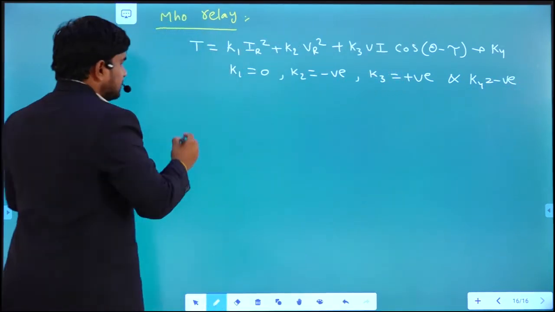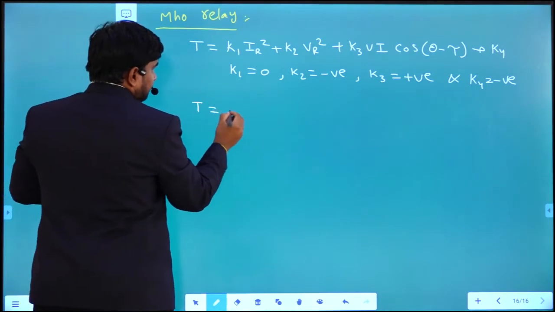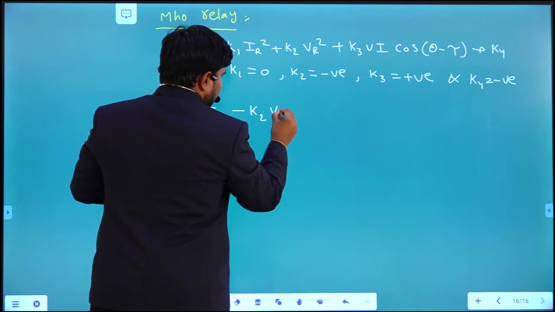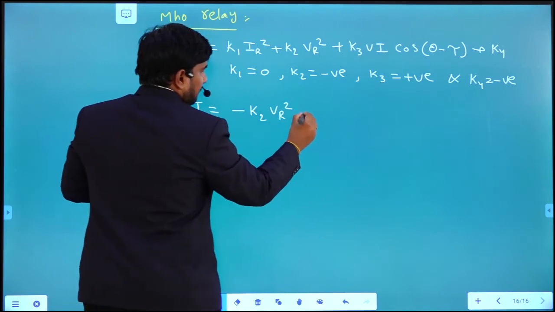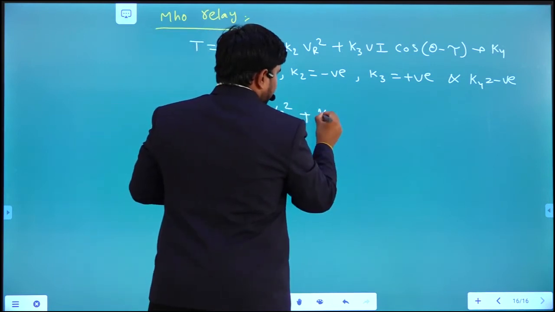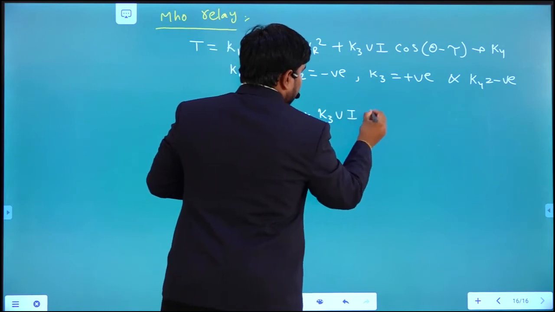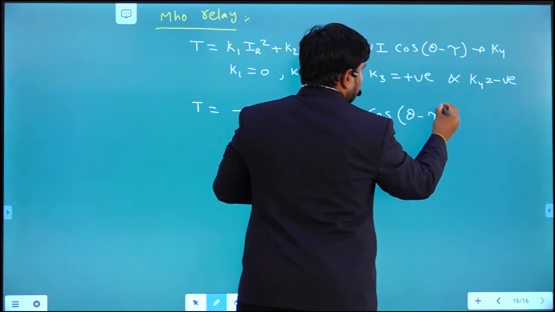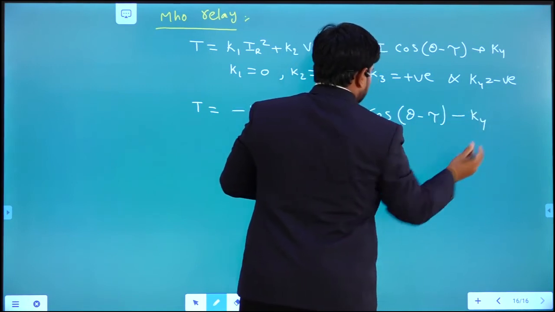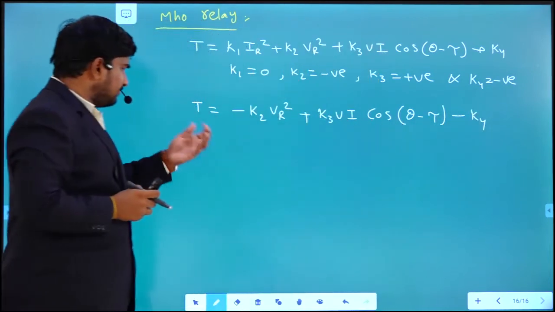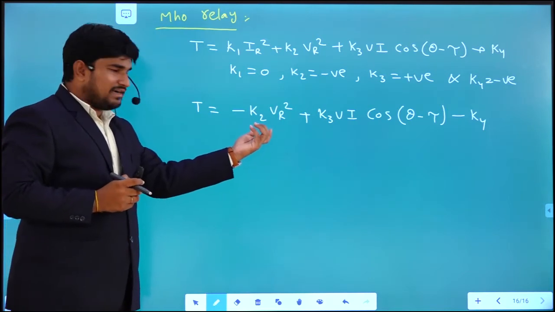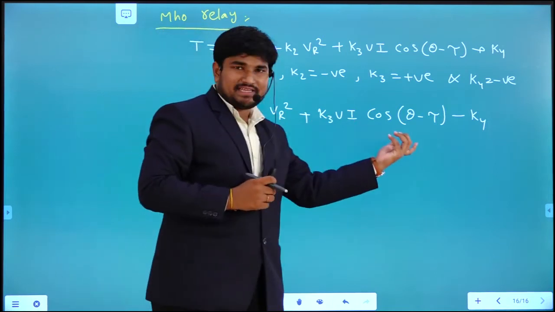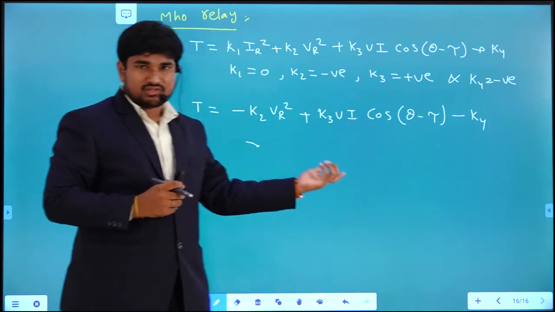Now, the torque expression will be modified like this: the first term is 0, minus K2 into VR square, plus K3 into VI cos of theta minus tau, minus K4. If you observe here, the voltage quantity is producing restraining force and the directional quantity is producing operating force.